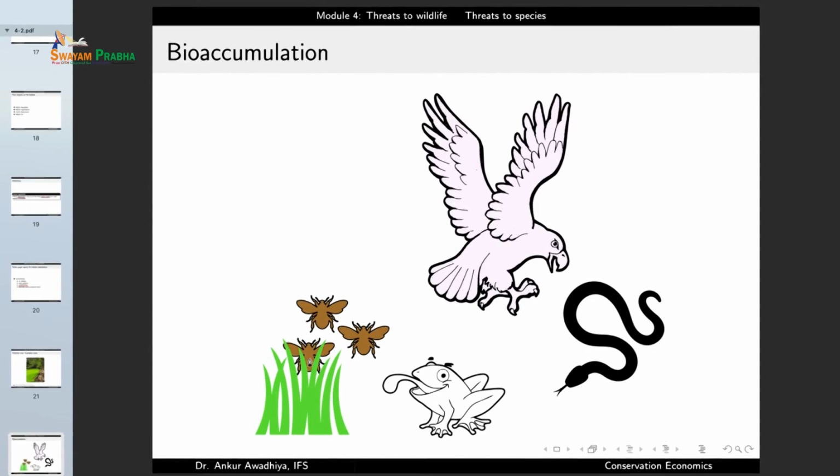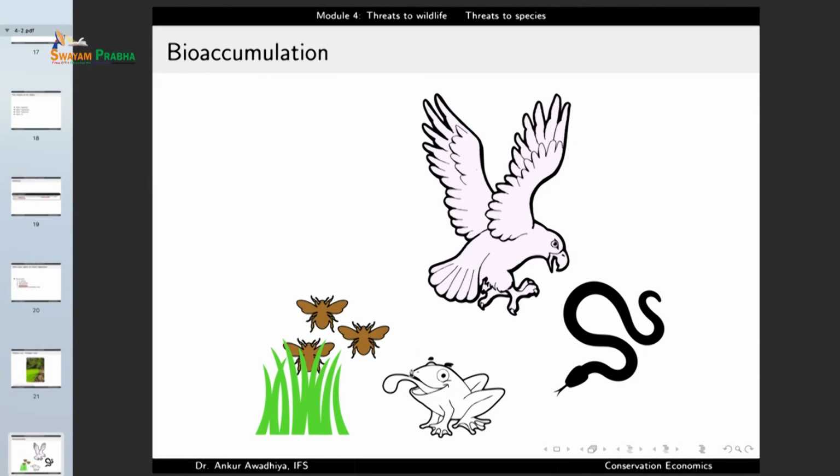Now, the level of pesticides in these grasses was very low, but because these insects have fat bodies, the pesticide is getting accumulated in their bodies. Now, when the next organism, like a frog, eats these insects, the fat that was in the bodies of these insects is now entering the body of this frog.